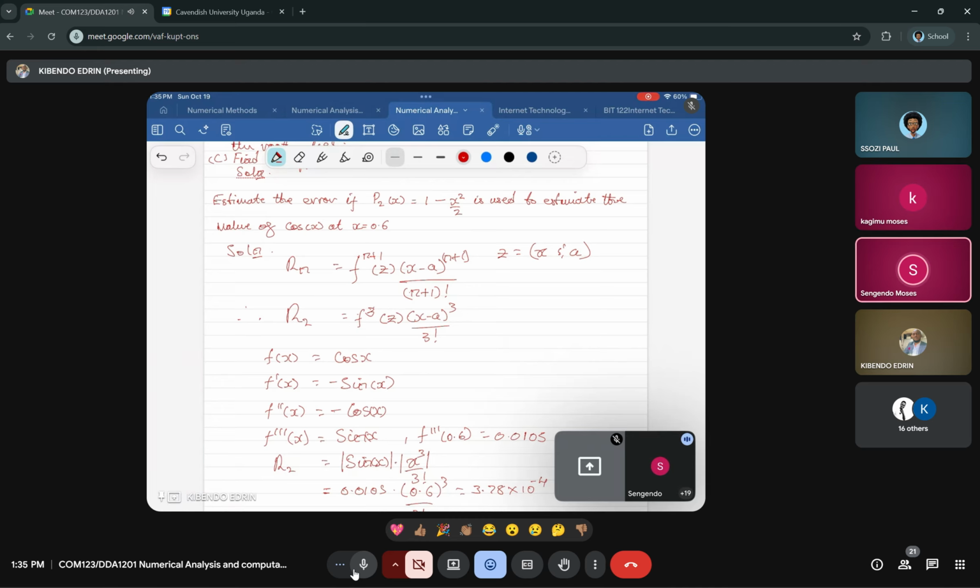Yes, it can. Can we find the polynomial for cos x? Who can find it? By the way, when you use Taylor's series, it's not coming out.